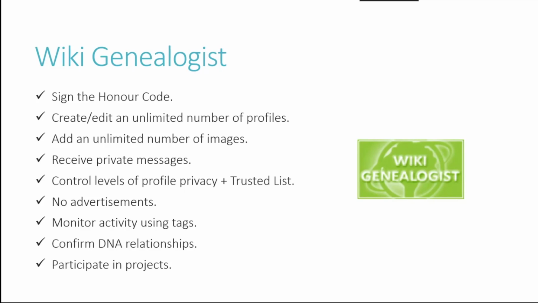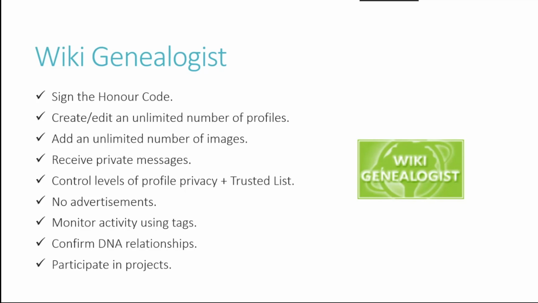The number is totally unlimited in terms of what you can create. You can also add an unlimited number of images. You can receive private messages. You can control the privacy levels on a profile, and you can control trusted lists. There are no advertisements, so there's no distractions at all.